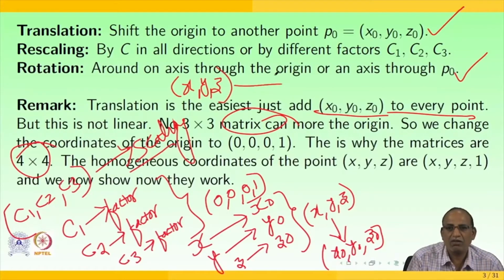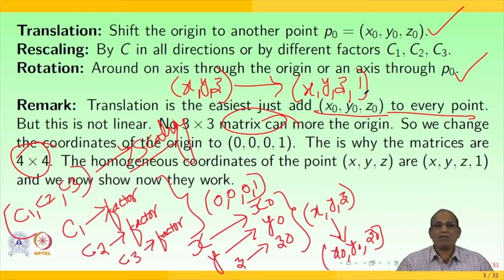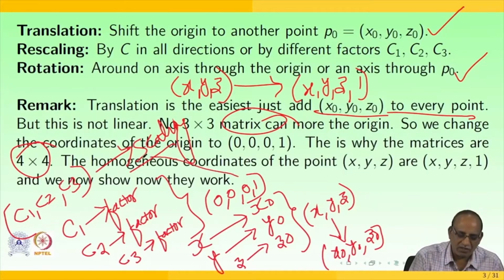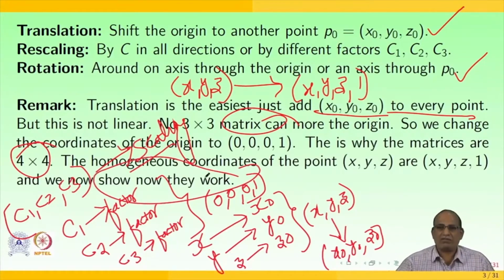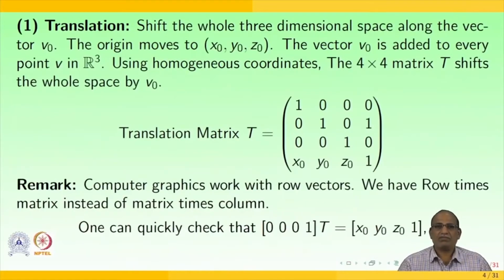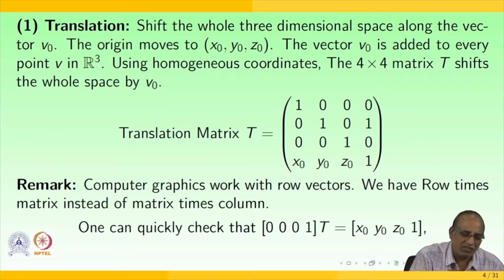are x, y, z, 1. And when you talk about the translation, it shifts the whole three-dimensional space along the vector v0. This is the vector v0.